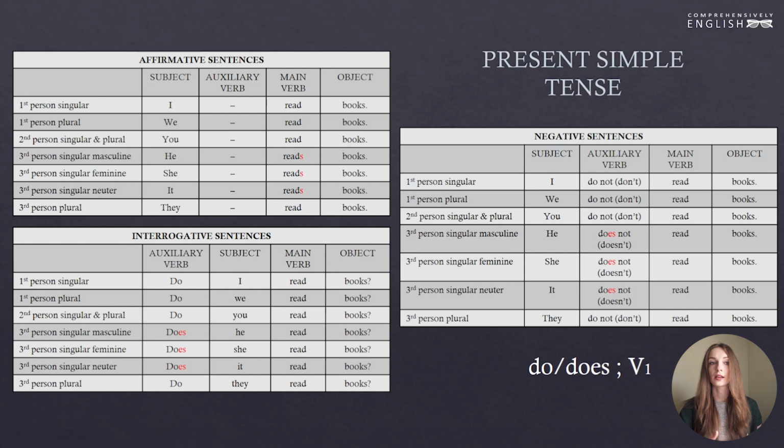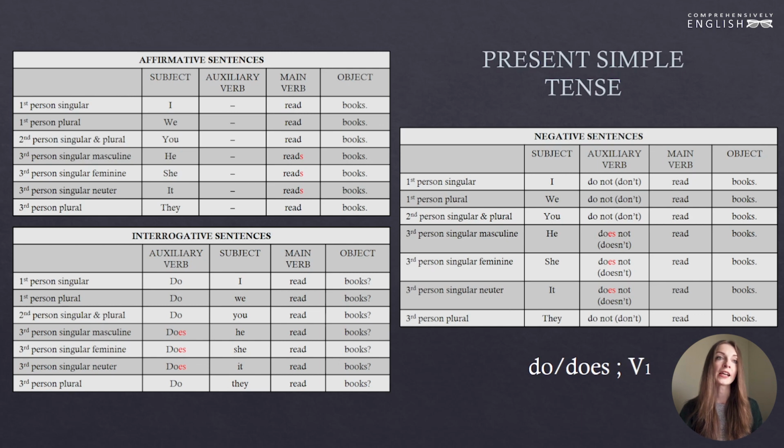So we have two auxiliary verbs, or let's say two versions of the auxiliary verb, do and does in the present simple tense. Logically, we use do for all the persons except the third person singular. In the third person singular, we use does, but now we should get rid of the ending s in the main verb.